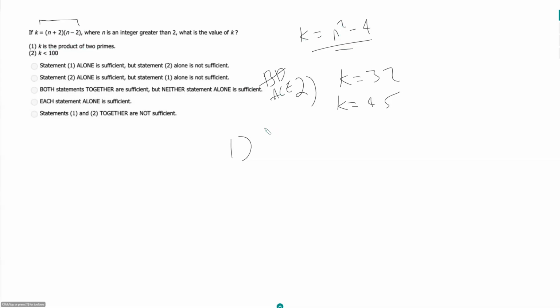So what do I know about our 2 terms here? I have n plus 2 and n minus 2. If I'm going up 2 and then going down 2, I should end up at a place that is 4 apart from where I started. So k is the product of 2 numbers that are 4 apart from each other.